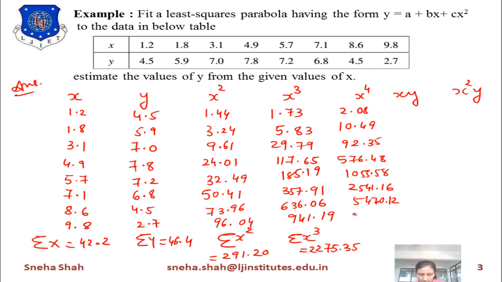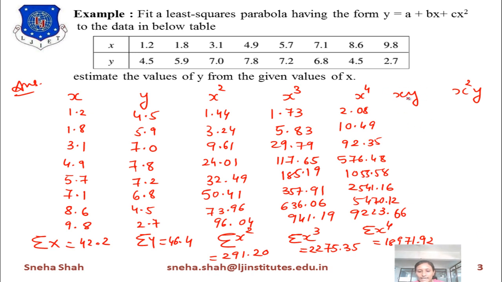Next is 9223.66. And when I add all the terms, it will give you the answer of summation x raised to 4, and its answer equals 18971.92.